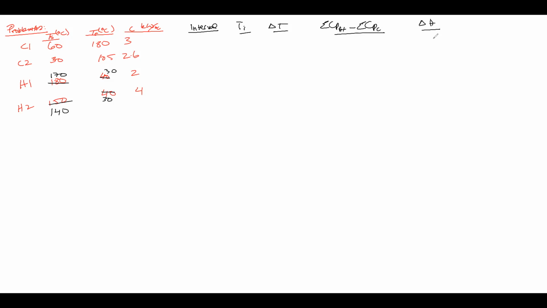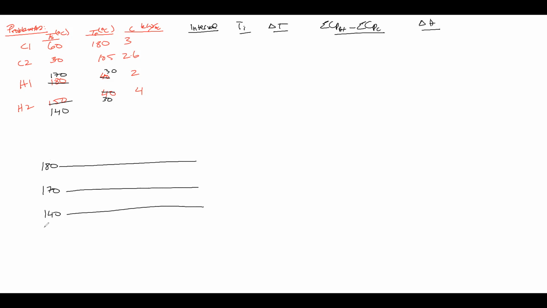So before doing this, let's draw them so that it's easier to visualize the intervals, okay? So let's write the temperatures from highest to lowest. So I have 180, and then I'm going to write everyone, and then I'm going to draw a line next to it. 170, then I have 140, right?